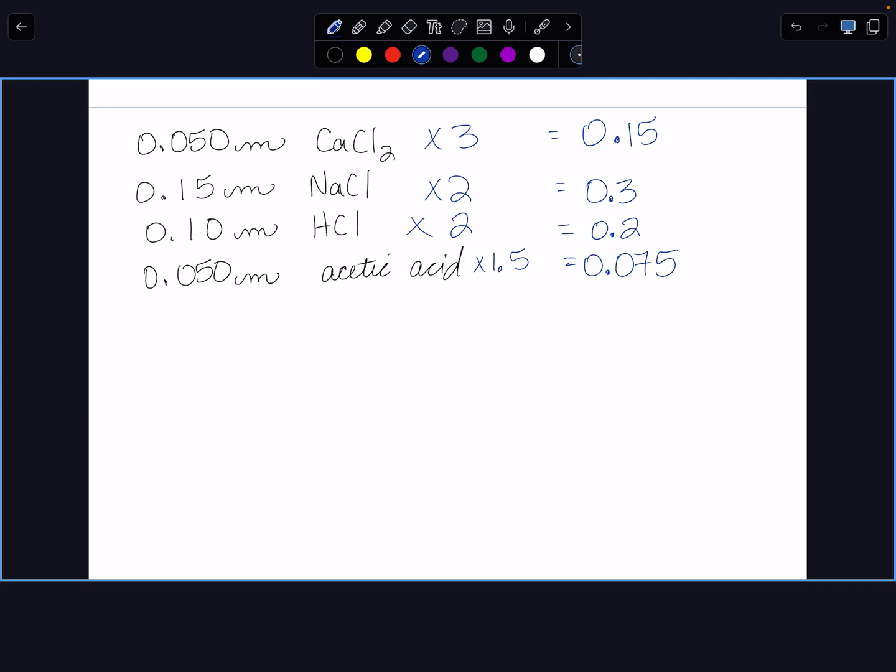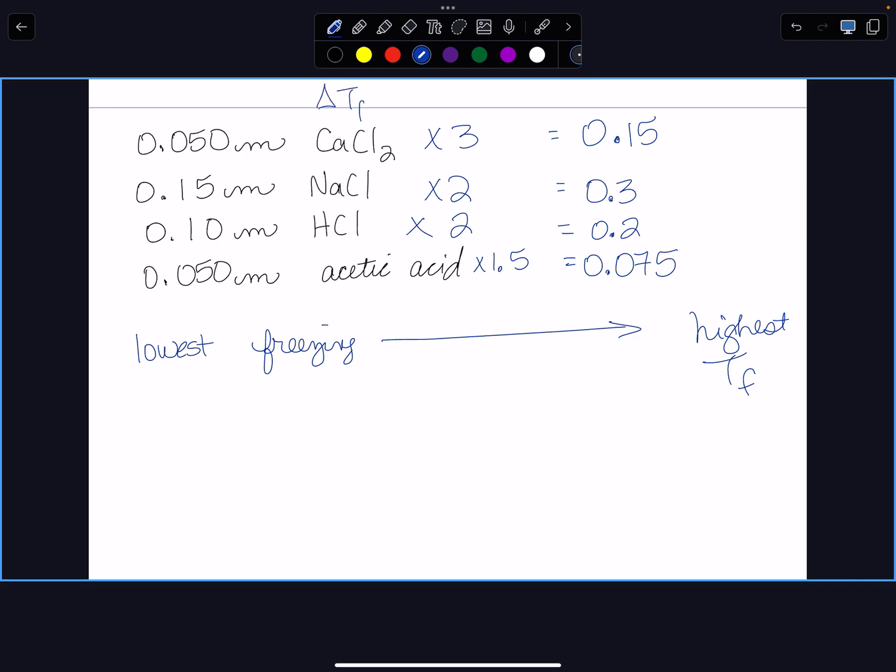Okay, the question says lowest freezing point to highest freezing point. Y'all, if we're looking at the freezing point problem, we know that delta TF is equal to KF times m. Each of these has a different molality.